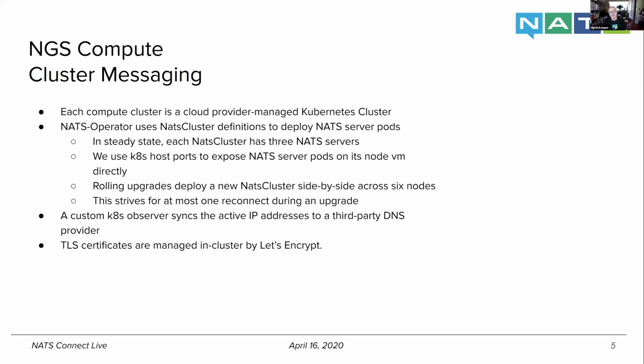We run that as a cron job, so every day it wakes up and says, hey, do these certs need to be renewed? And if it does, it goes and proves that it owns the DNS records. And then it takes the updated TLS materials and puts them in the Kubernetes secrets that the NATS servers themselves require to enforce TLS.